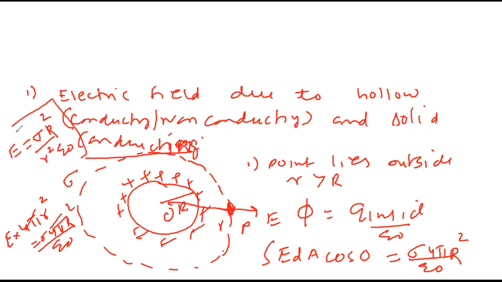Obtained till this, then I am converting this in terms of charge. Sigma means charge upon area. Many times they ask the relation between sigma and capital R. Have you understood what we have done? We have taken a sphere, then enclosed it by a Gaussian sphere here.